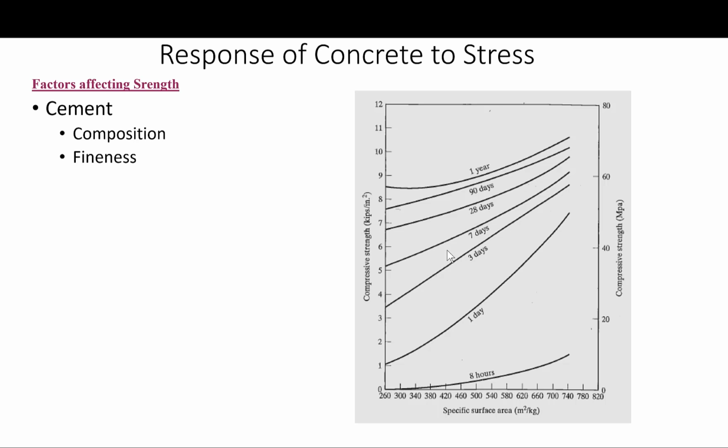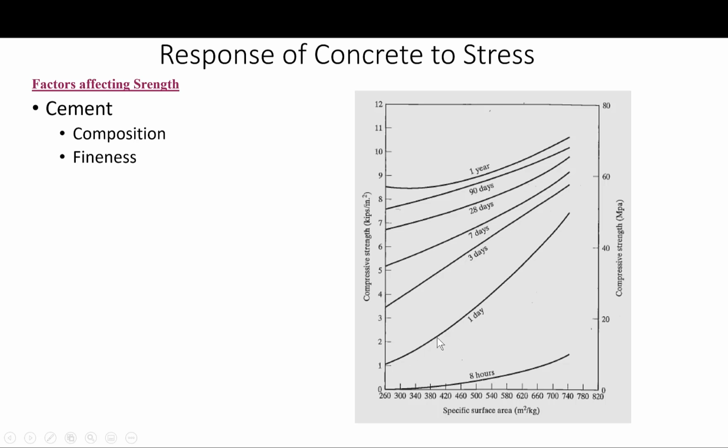Okay, so this is the figure here. It shows the change in compressive strength as the specific surface area of the cement changes, measured in square meters per kilogram. As you can see here, this is measured at 8 hours.